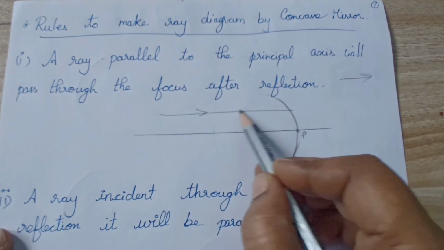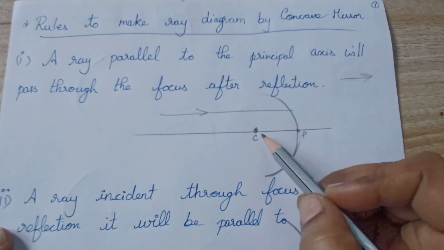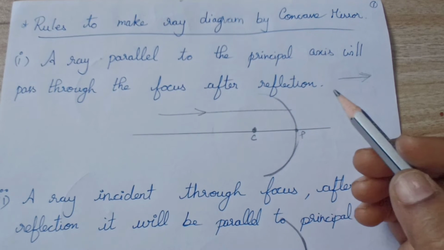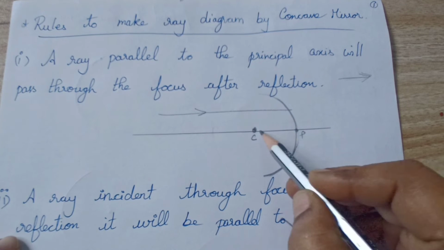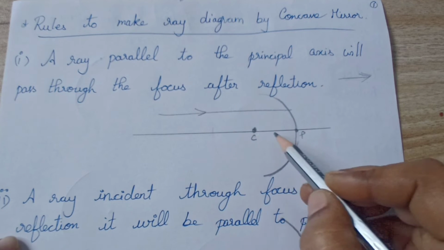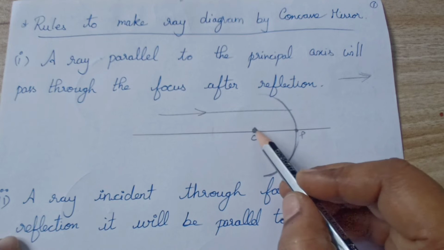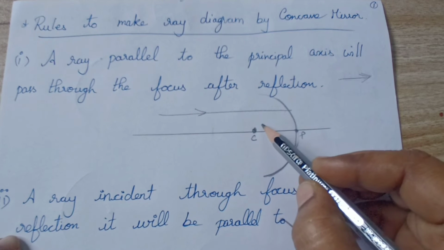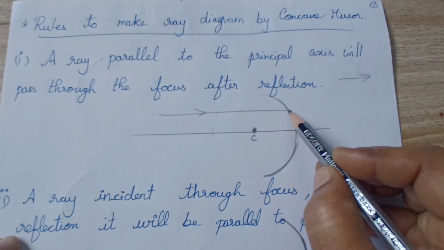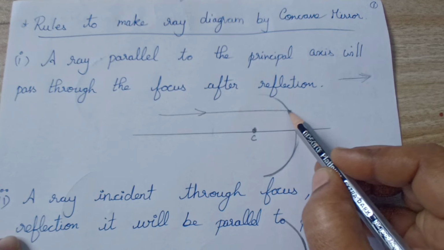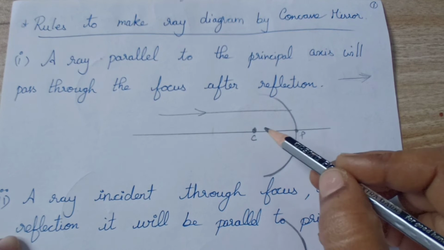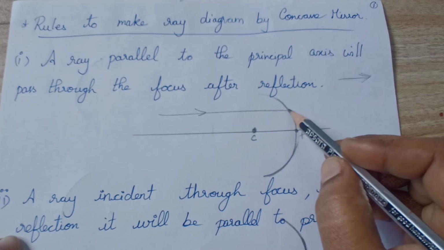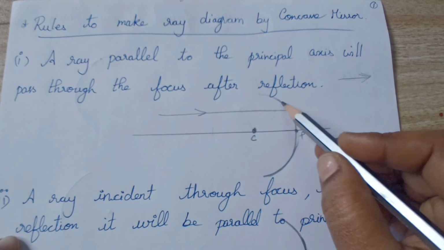That means what? This is your incident ray. You know that the principal axis passes through the focus, so the focus point lies on the principal axis. You know that as per the law of reflection, the angle of incidence is equal to the angle of reflection. See which one is the normal for this curve.